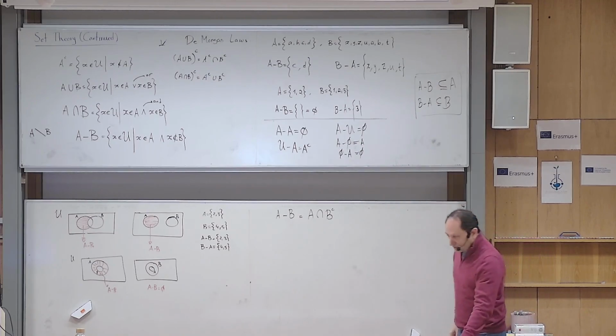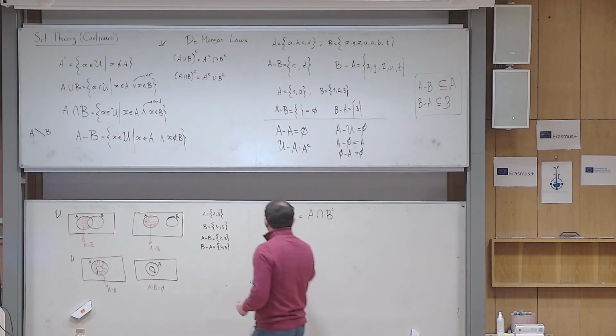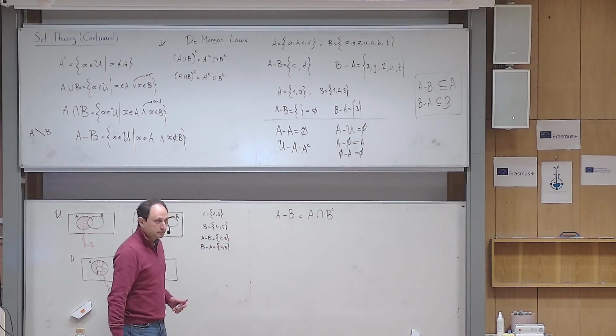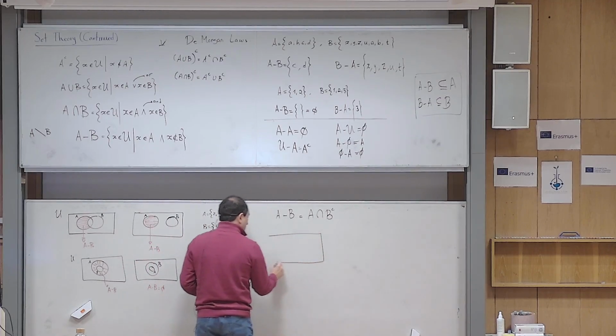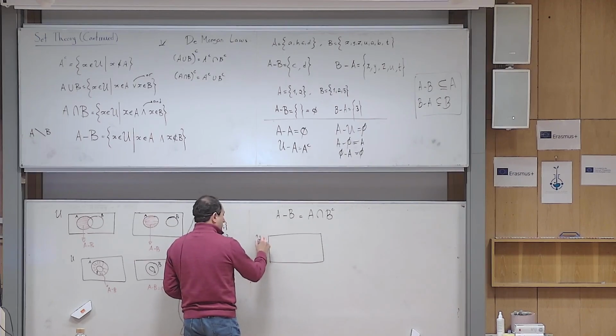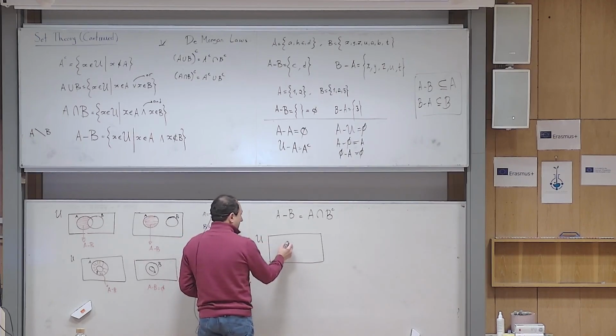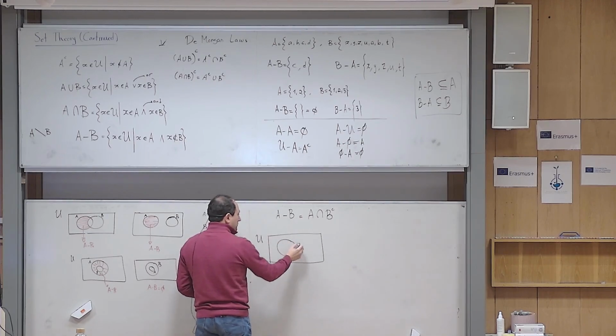Okay, from the Venn diagram point of view, how can I convince myself that this is always true? Of course, using a Venn diagram, I cannot convince myself this is always true, but I can understand intuitively why this might be true. And because this is an equality, I need two identical diagrams.